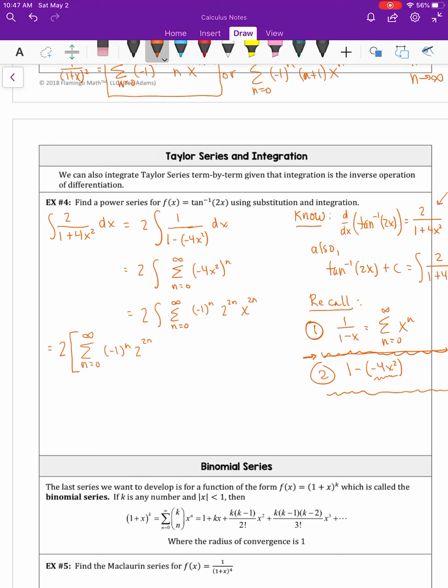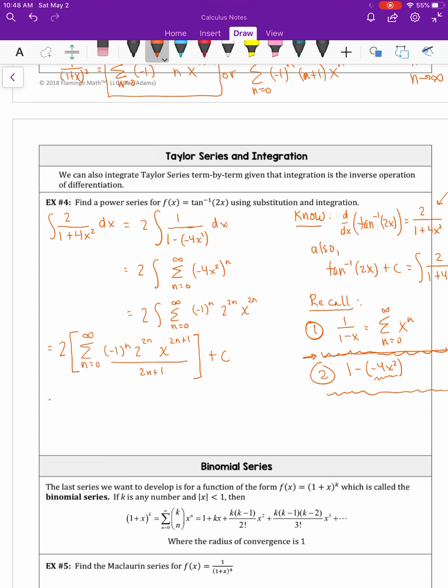So when we integrate, we're going to have summation n equals 0 to infinity. We're still going to have our negative 1 to the n. We're still going to have our 2 to the 2n. But this is going to become x to the 2n plus 1 divided by 2n plus 1. What did I forget?